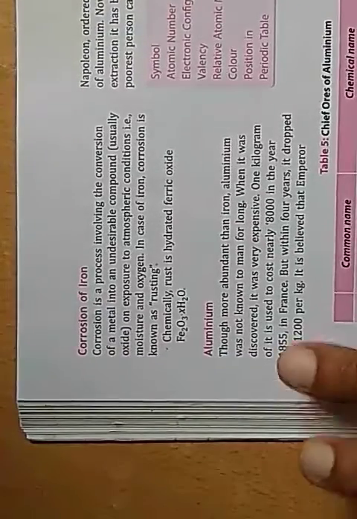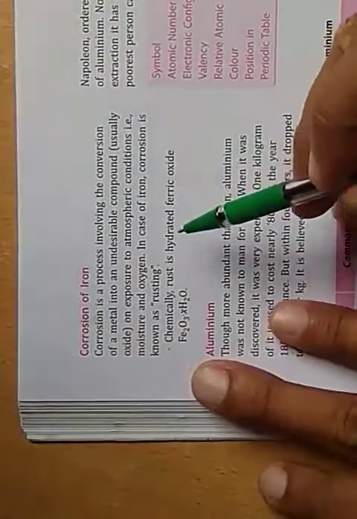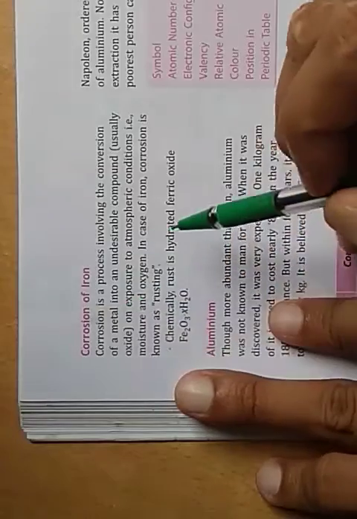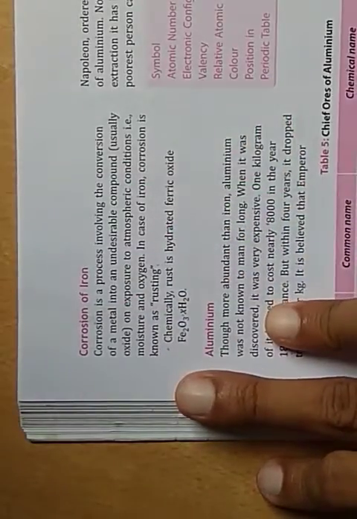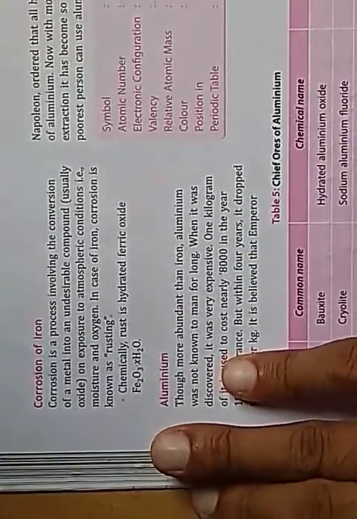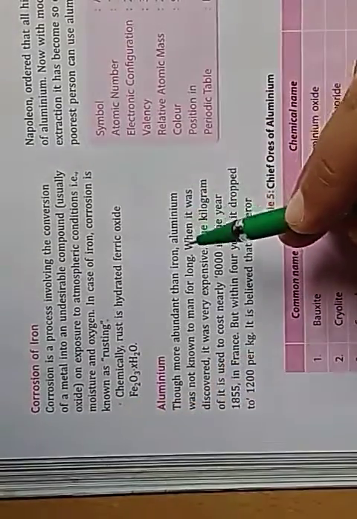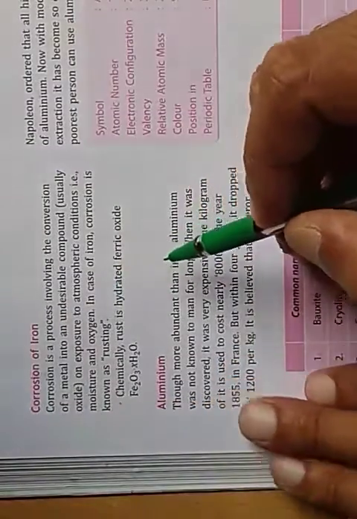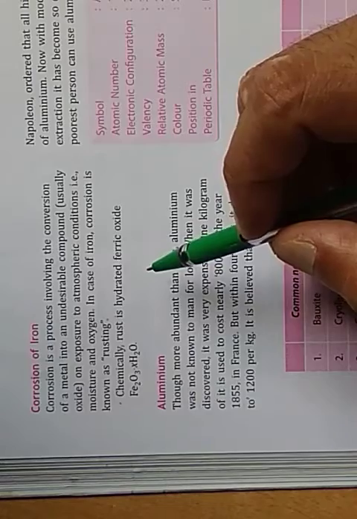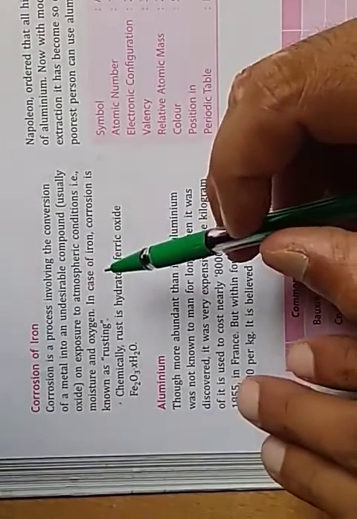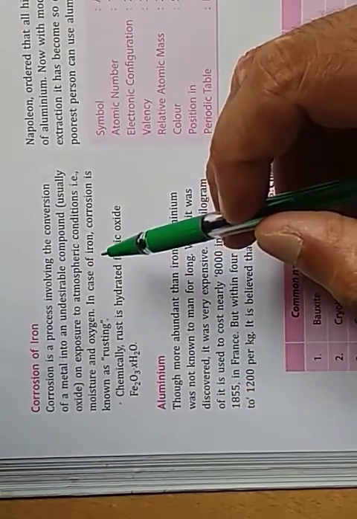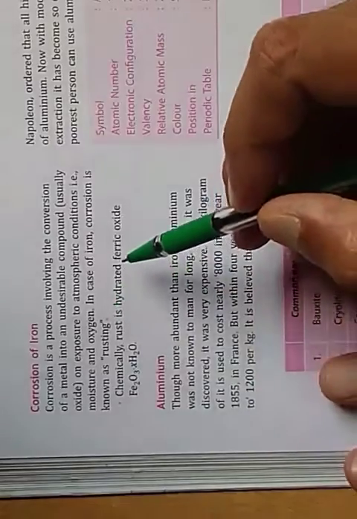Generally, what is the corrosion of iron? Corrosion is a process which involves the conversion of a metal into an undesirable compound, generally oxides, when exposed to atmospheric conditions like oxygen and moisture.